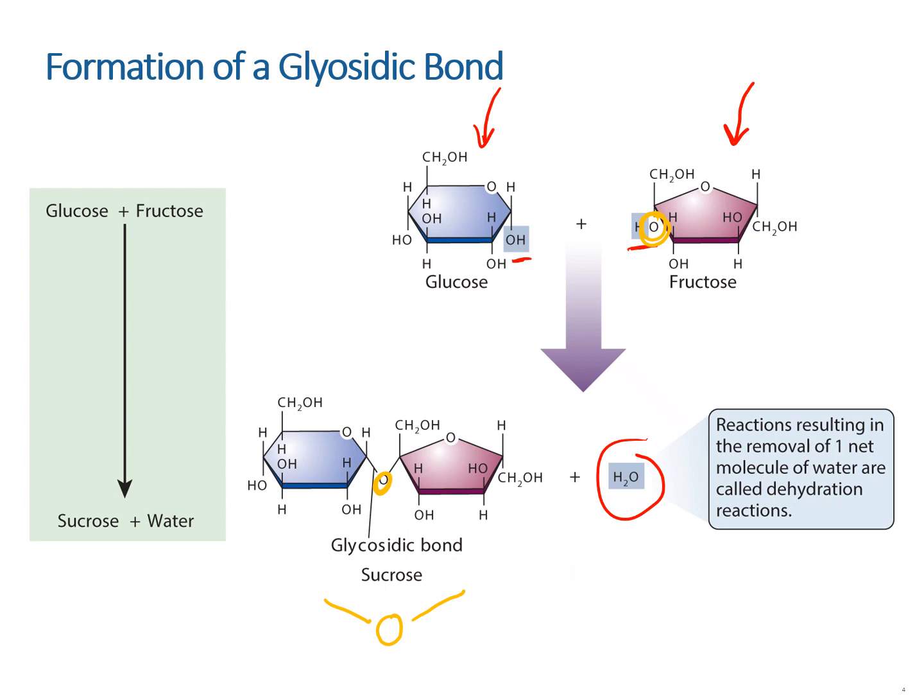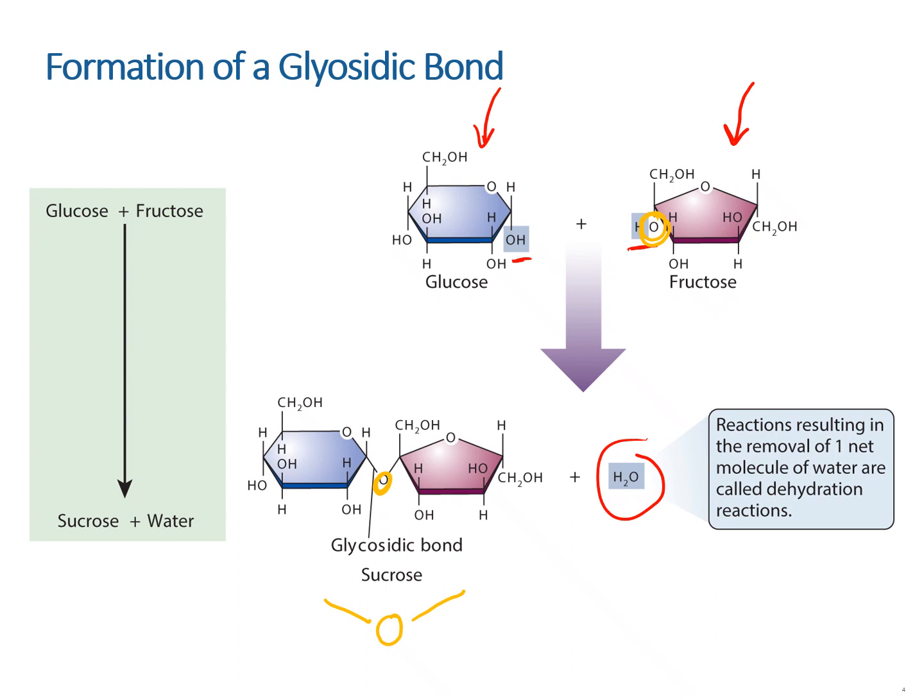So when this happens, we are left with sucrose plus our resulting water. Remember that in all of our dehydration reactions, we are going to remove 1 water for every bond that we form. So we are forming a bond between your glucose and your fructose.